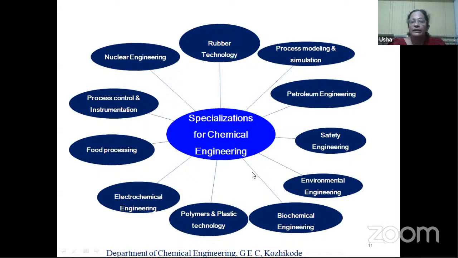Next is the specialization for chemical engineering. These are some of the specialized branches for higher studies after studying the BTech: petroleum engineering, safety engineering, environmental engineering, biochemical engineering, polymer and plastic technology, electrochemical engineering, food processing, process control and instrumentation, nuclear engineering, and rubber technology.